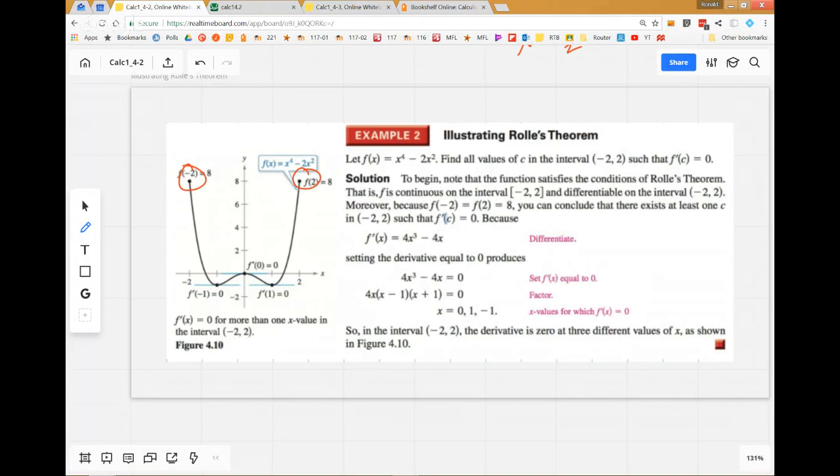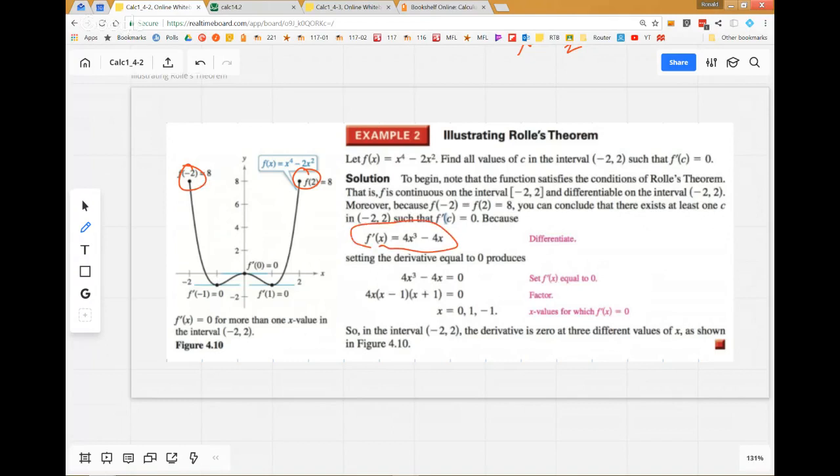Therefore, somewhere in between those two points, between -2 and 2, there must be at least one place where the tangent line will be horizontal. And in fact, you see on the picture, there actually are 3 this time. So step 1, find the derivative.